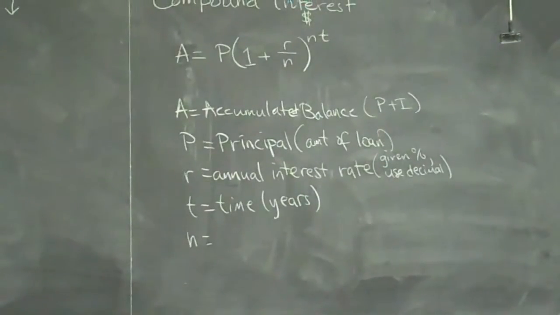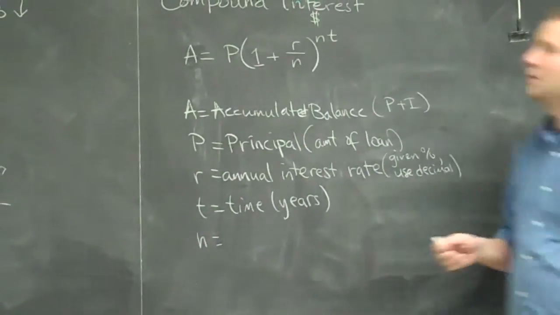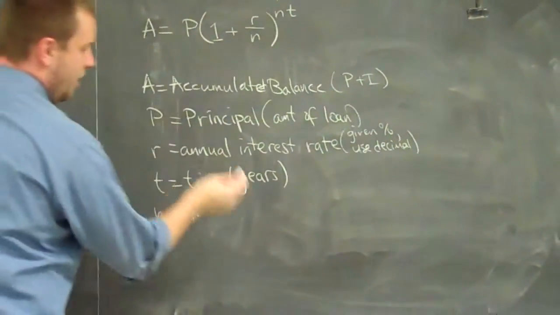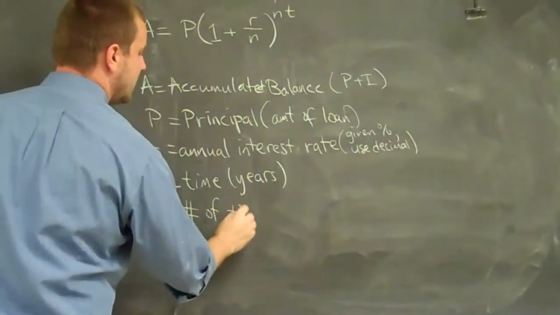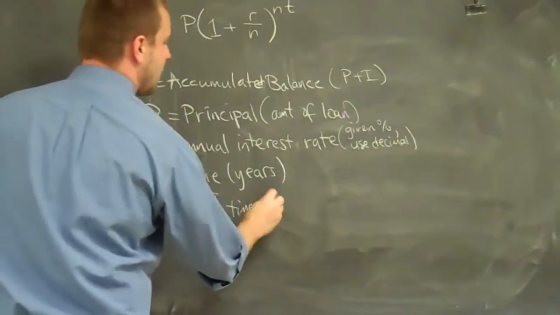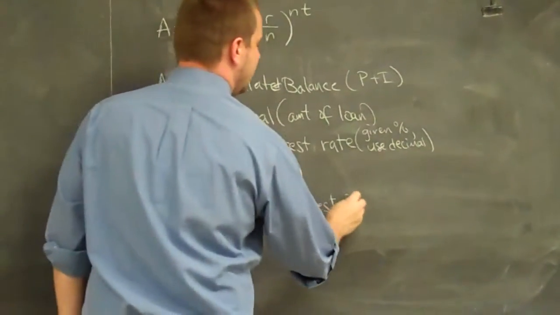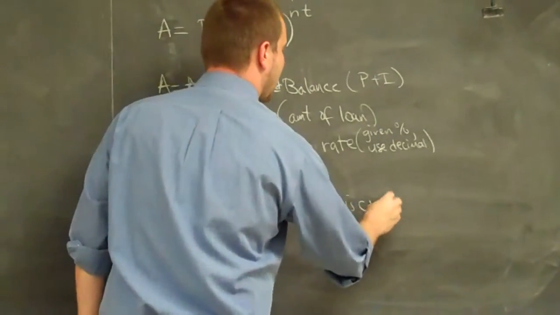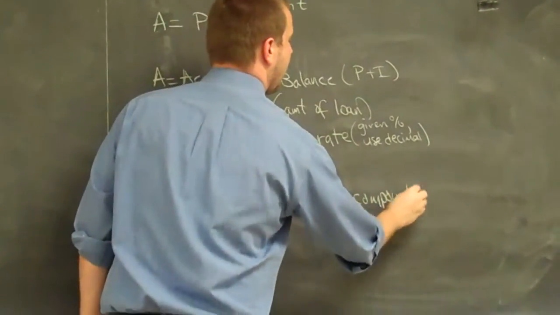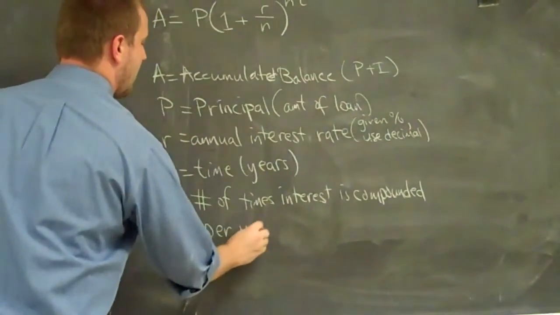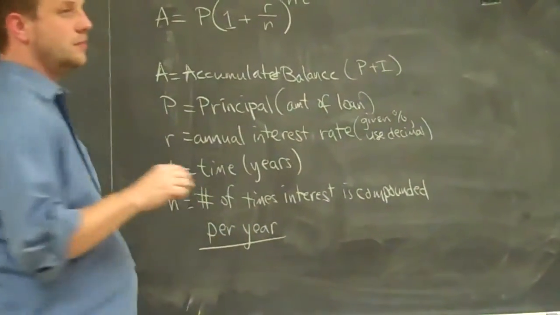That's compounding interest. And so N, for number, is the number of times interest is compounded per year. In 1 year.